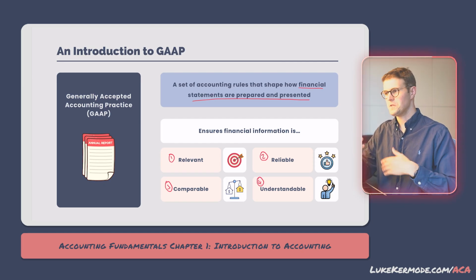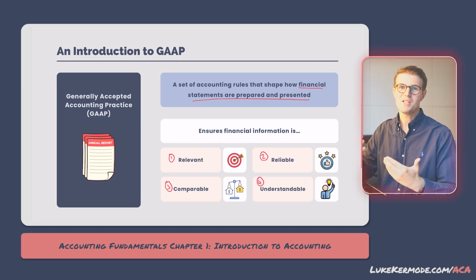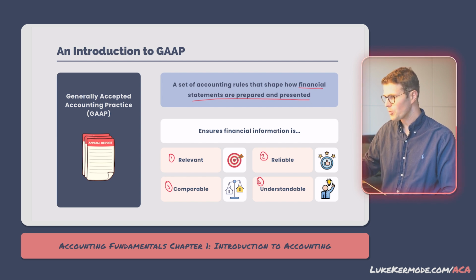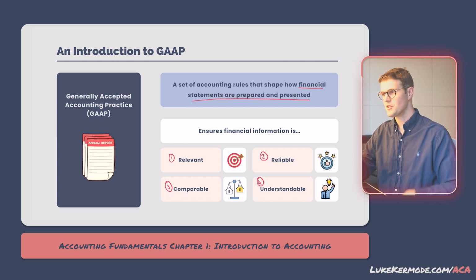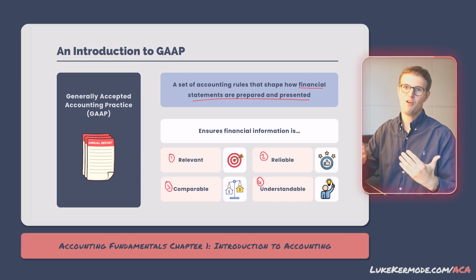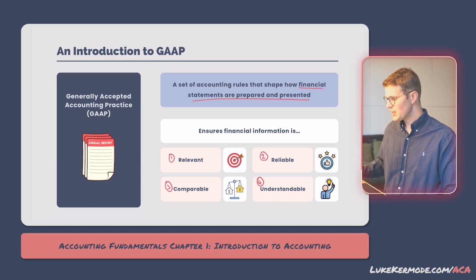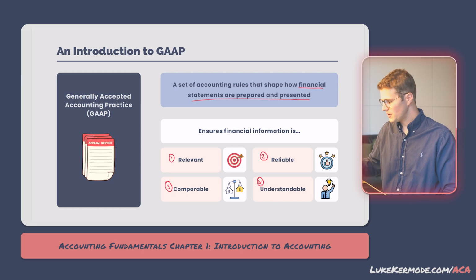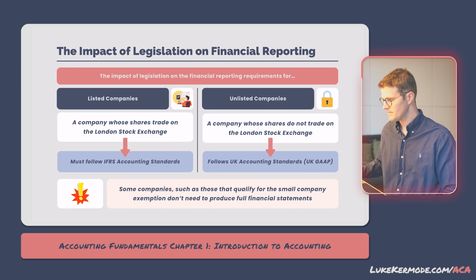Presented clearly so users can follow the story that the numbers are telling. These principles are also built into IFRS, so regardless of whether we follow IFRS or GAAP, the objective of accounting is the same: to provide financial information that supports good decision making.